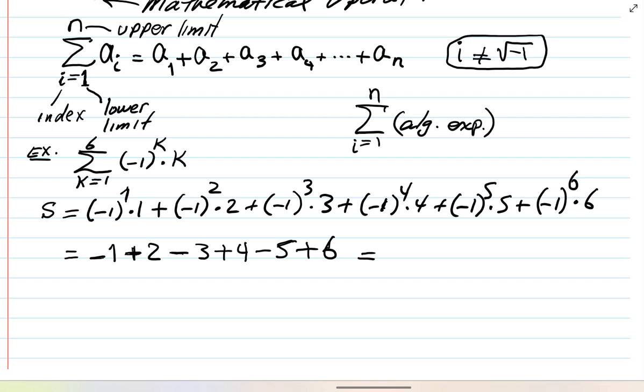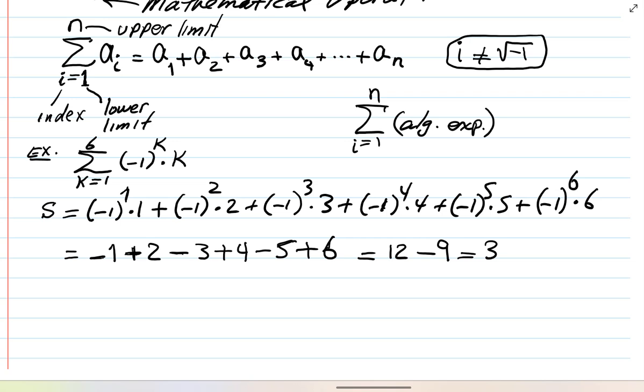So for example, on the plus side, I have 6, 4, 2, that's 12. On the negative side, we have negative 9. So the result of this series is 3. And there you have that one. Okay, so we say that we have evaluated this series.